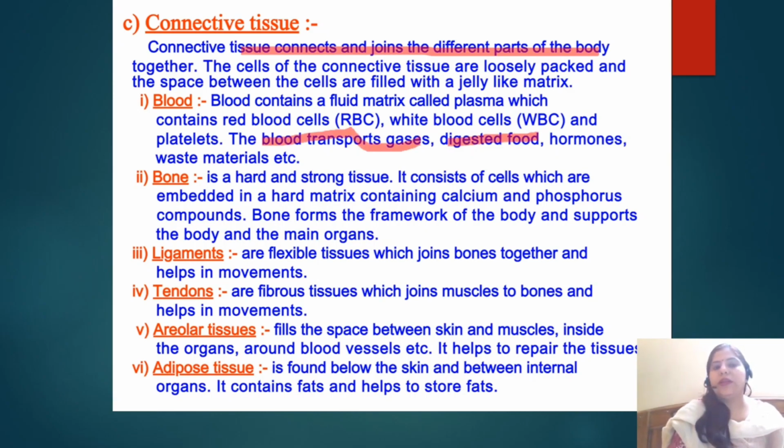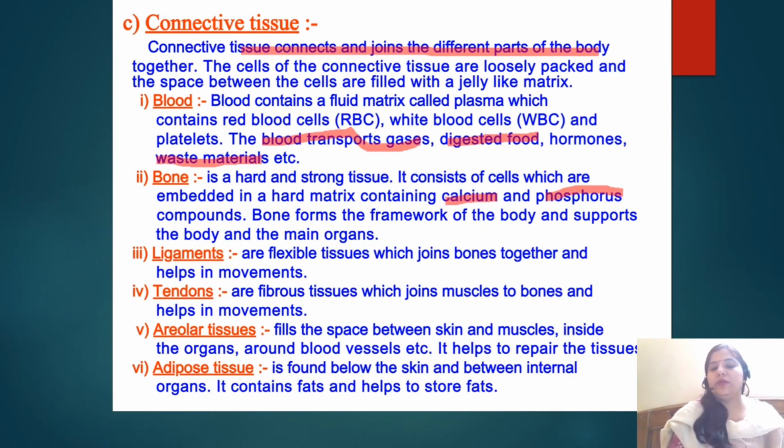Right. Then bone. Bone is a dense connective tissue, and it is made up of calcium and phosphate. All of you must know that for strong bones we require calcium. The function of bone is to provide strength, structure, and support to the body.